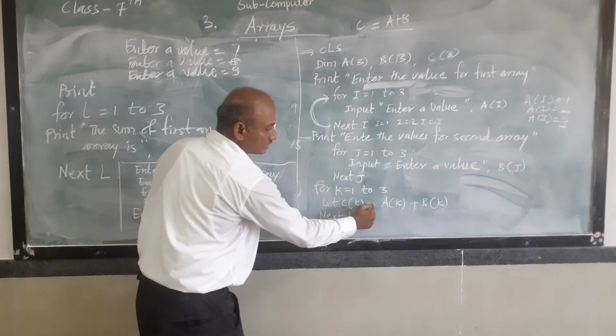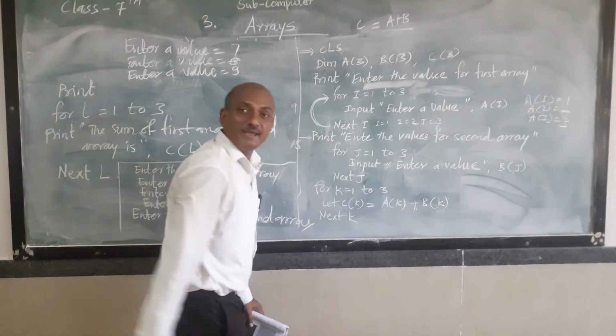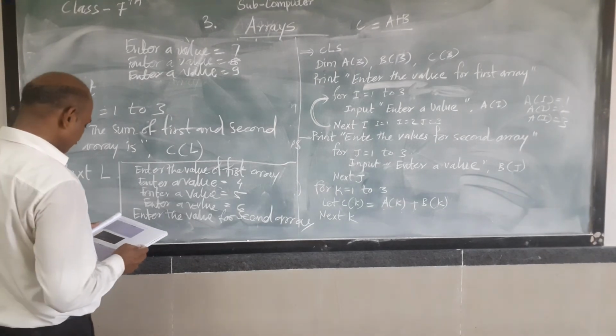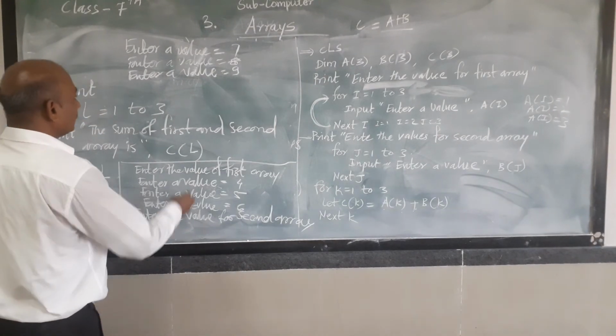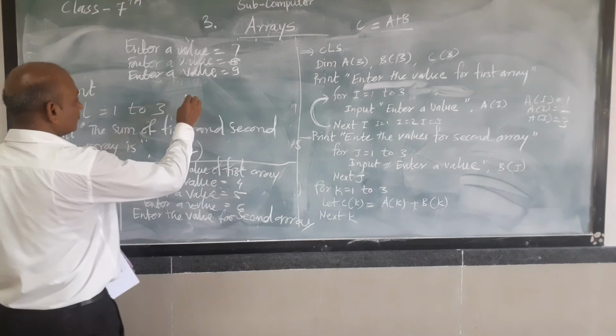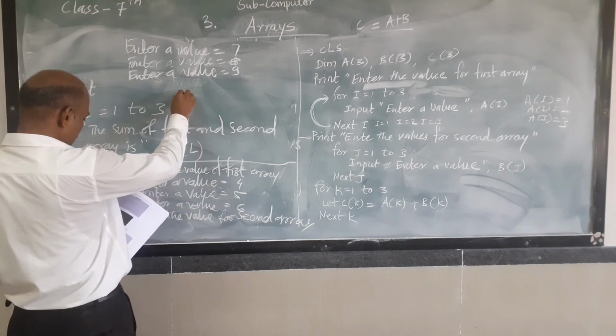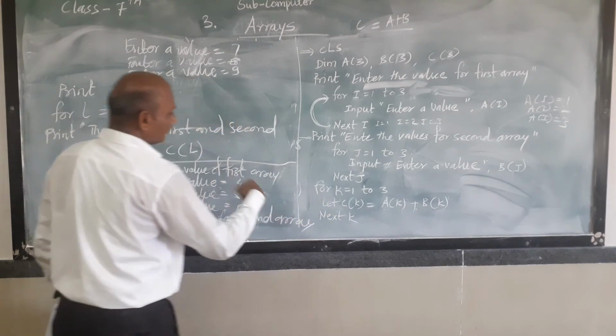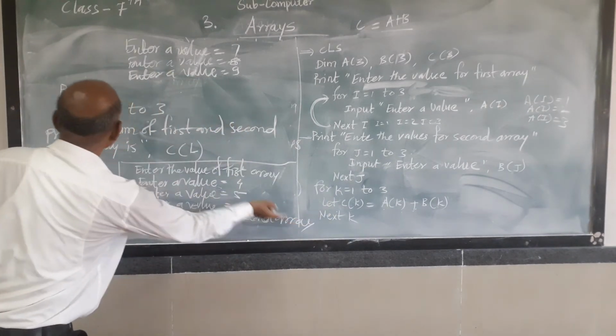Let c of k is equal to a of k plus b of k, 3 times. It is calculated here. Now the cursor comes here.